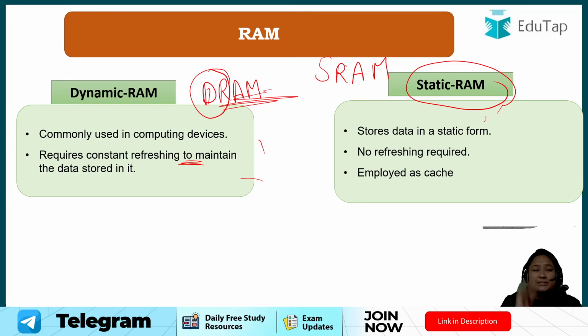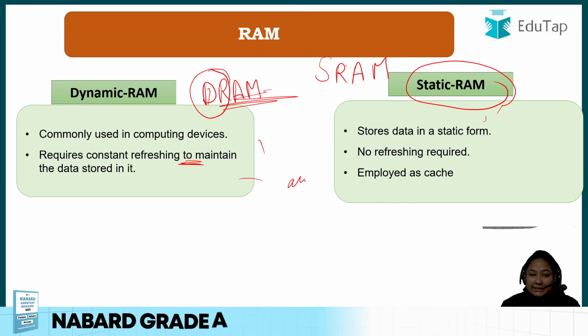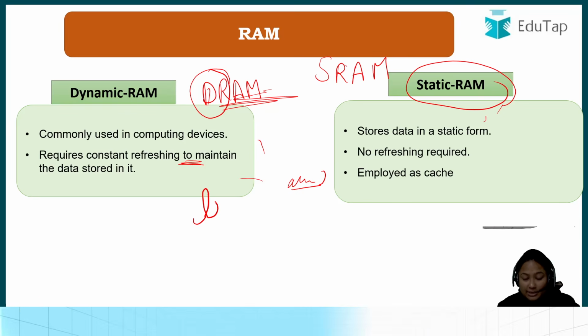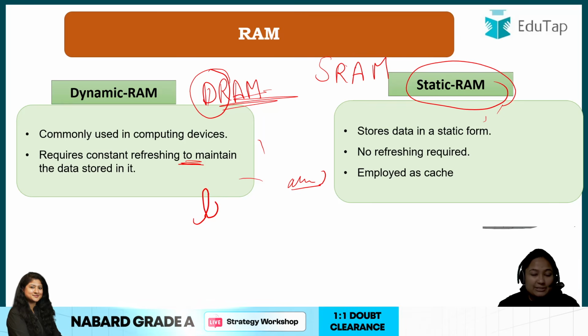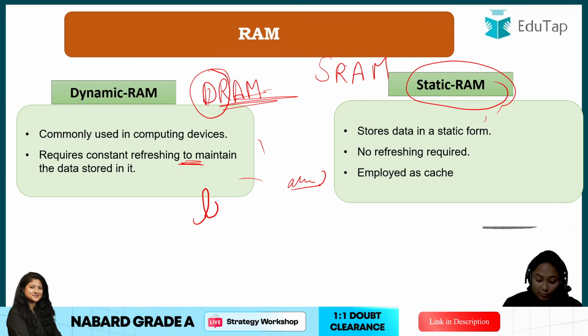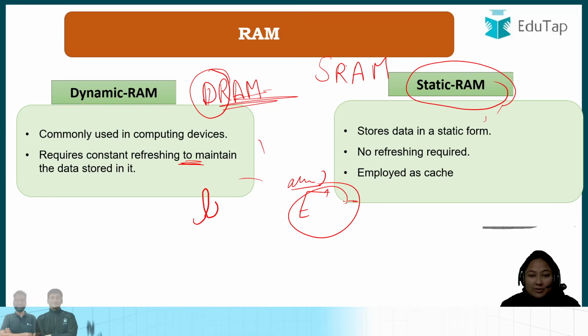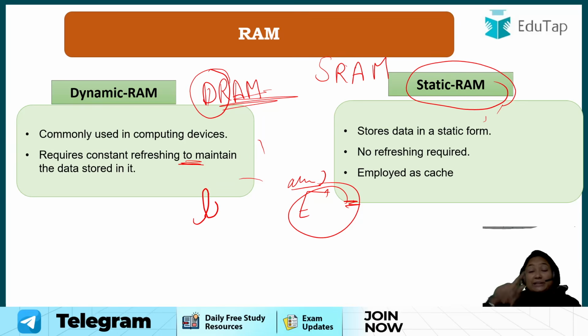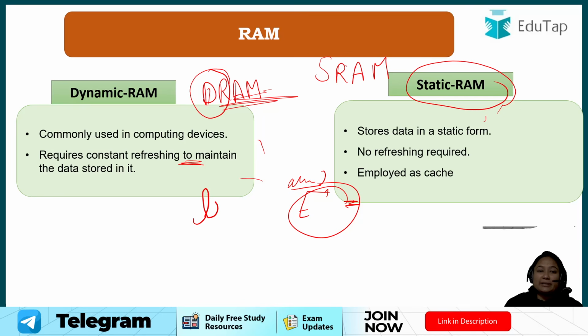If I have opened this PPT and I'm writing things, when I give a command and see the result, at that time it is held in the primary memory, the DRAM. Only once I have saved it will it go to the secondary memory.